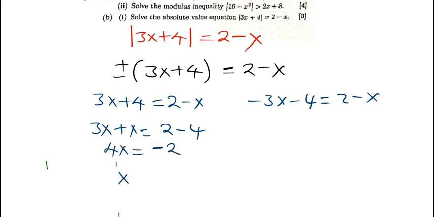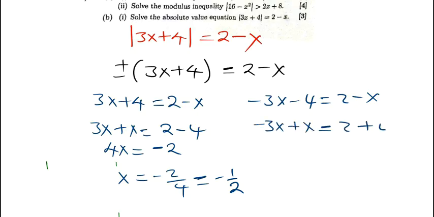Divide by 4, x is equal to -2 over 4, which is -half. The other part, we've got -3x plus x is equal to 2 plus 4. So -2x is equal to 6. x is equal to -3. So these are the two possible solutions.